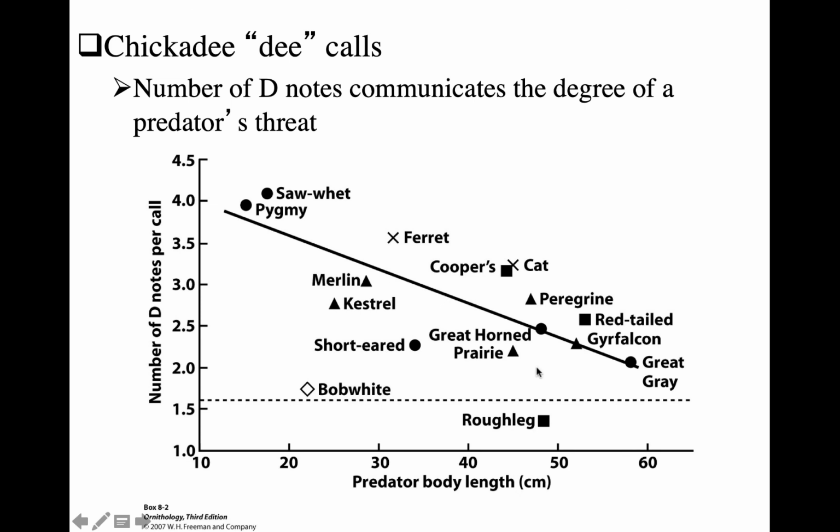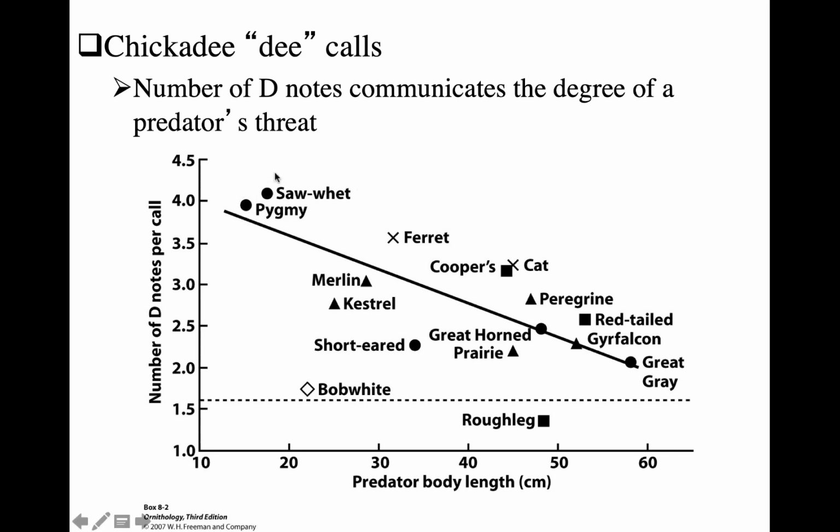And there was a general tendency for the bigger the predator, the fewer the D notes that were used. Basically, they're saying, okay, great gray owl, red-tailed hawk, they're potentially predators, but they're fairly big and relatively clumsy, so they're not going to be able to really be a threat to capturing a chickadee. On the other hand, something like a saw-whet owl or a pygmy owl, these are big-time predators of these birds, and so they perceive them as much more of a threat.